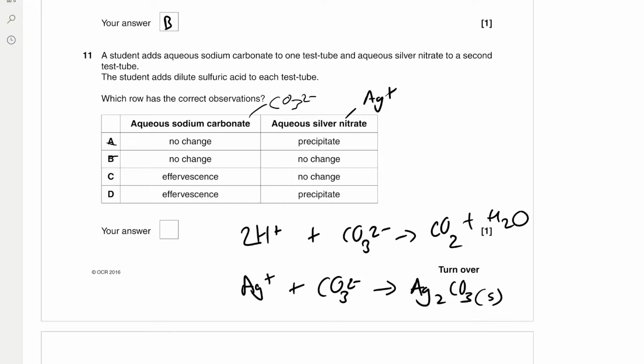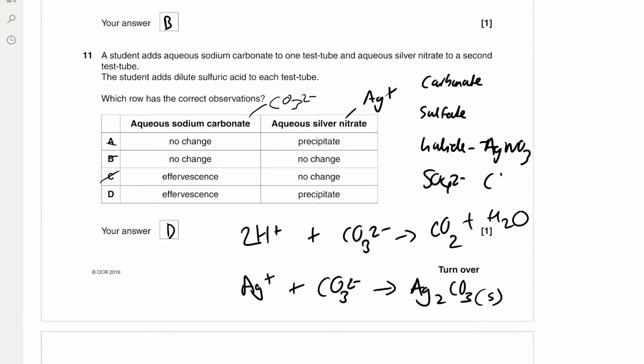So that would give us answer D. That's why when you're doing qualitative testing, you first do carbonate, so adding acid, then you do sulfate, then you do halide, because when you add AgNO3 if you have SO4 or carbonate ions present, you're going to form a precipitate, which could lead to confusing results.